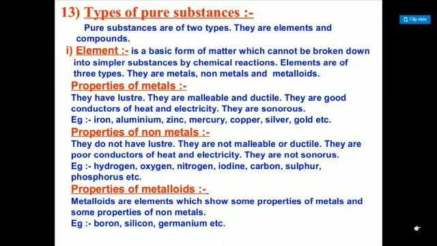Elements have two parts, metals and non-metals, and some are metalloids also. Metals have special properties: malleable, ductile, sonorous in sound, etc. Non-metals do not have these types of properties, and metalloids are the elements which have properties similar to both metals and non-metals.